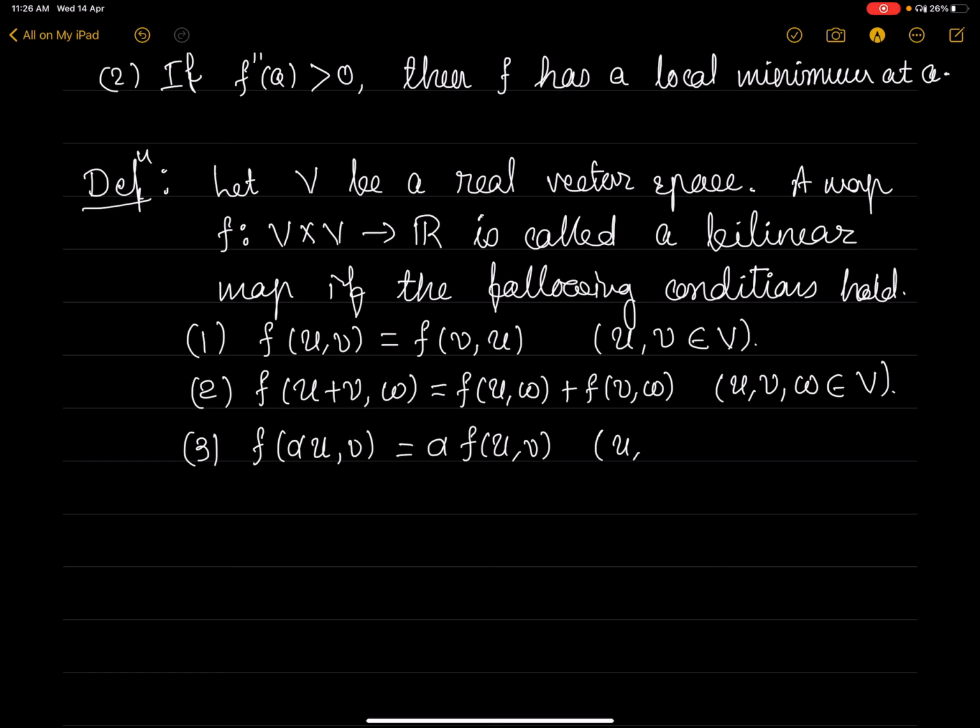It is true for all u, v in V and alpha real. Alpha is a scalar. So now by using conditions 2 and 3, one may deduce that the function f is linear in the first coordinate. And because of the symmetry, the first condition, it follows that f is linear in both the variables.